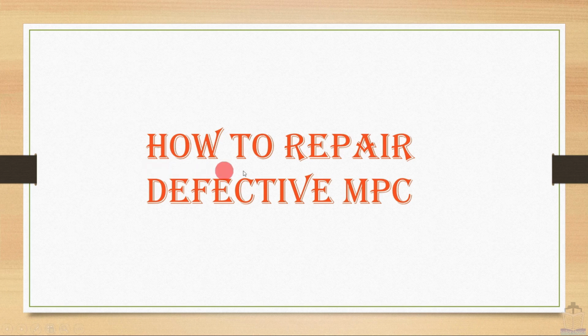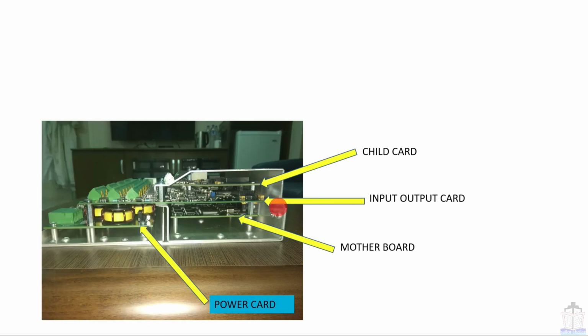Now here we will see how to repair a defective MPC. So now we are going to refresh one more time the various parts of the MPC. Here you can see that this is the power card, this is the motherboard, this is the input output card, and this is the child or daughter card.